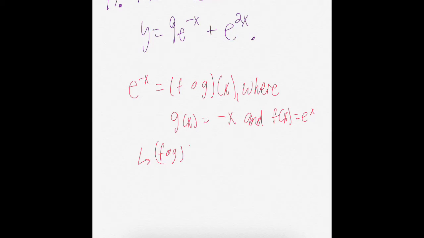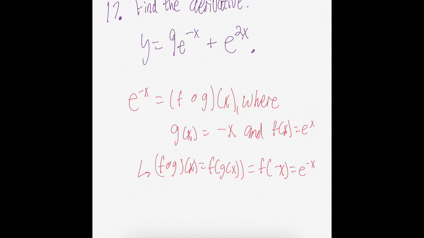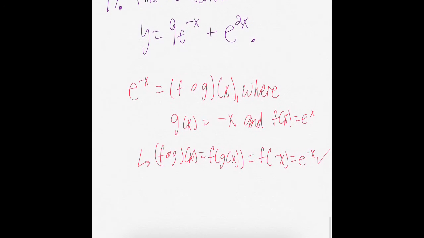Okay, right? Let's see this real quick. f composed with g of x is just f of g of x. So that's just f of negative x, and that's e to the negative x, which is exactly what I claimed.